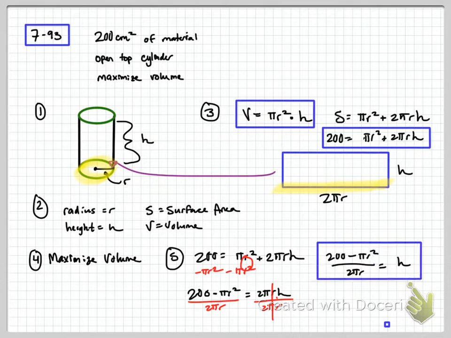So all of this is equal to h. Alright, now we can substitute into our volume equation for h. So we have 200 minus pi r squared over 2 pi r.